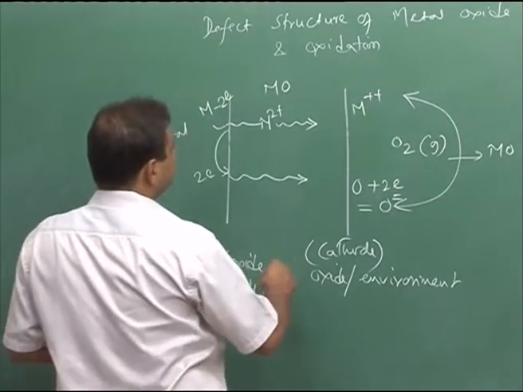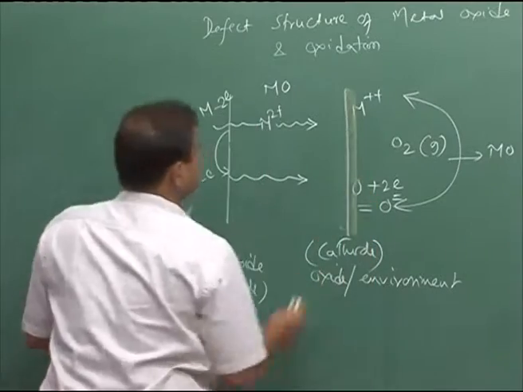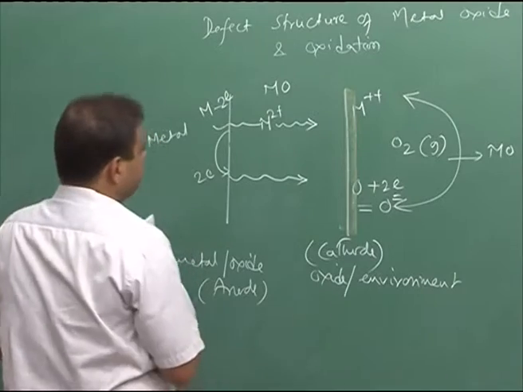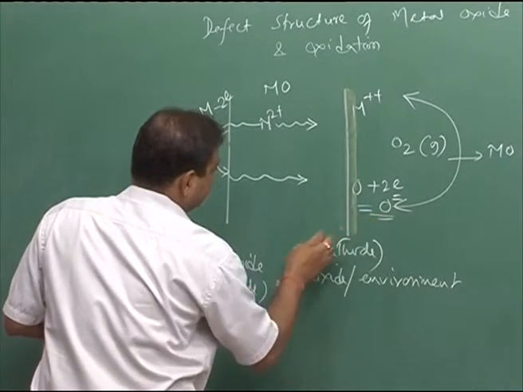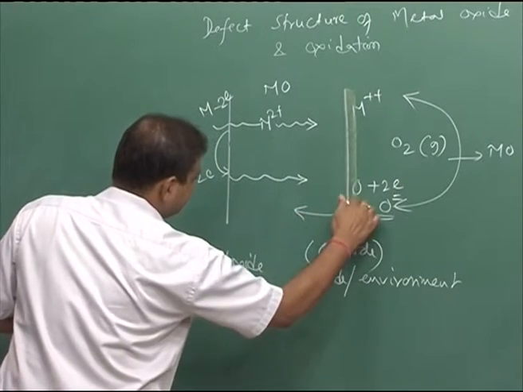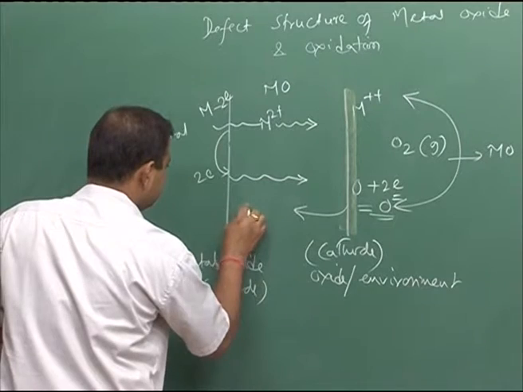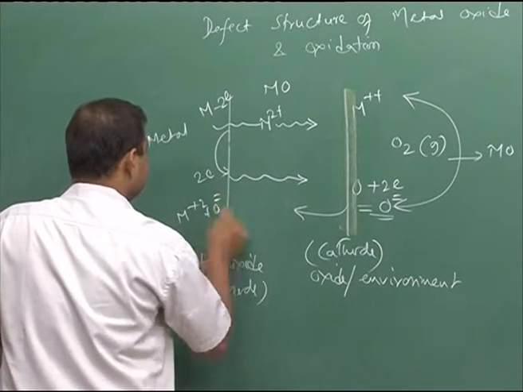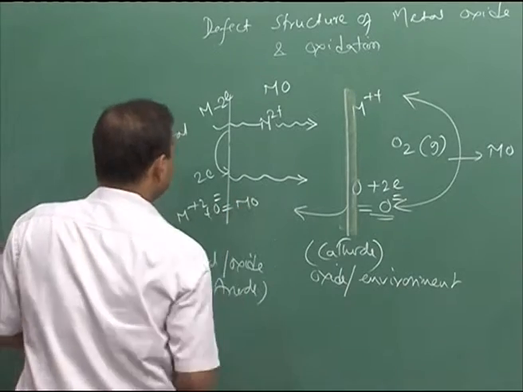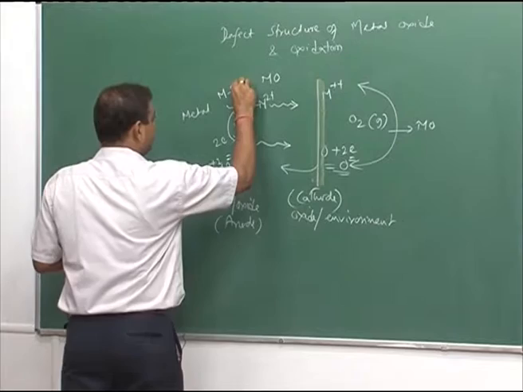In this case oxide growth will take place on this end, but the other way around, if the metal ion transmits through this oxide layer and comes here, and M2 plus and O2 minus react and form MO, then the oxide growth will take place on this end.